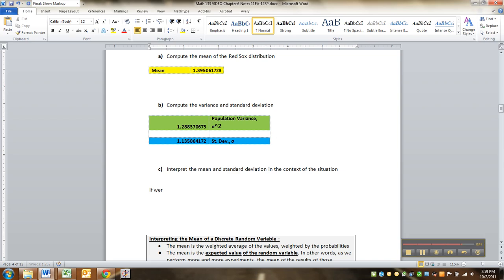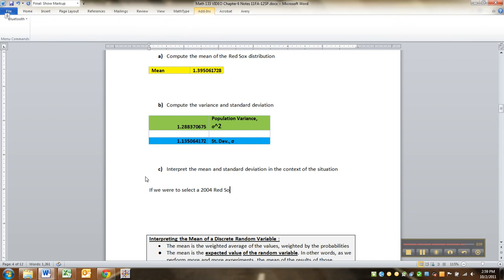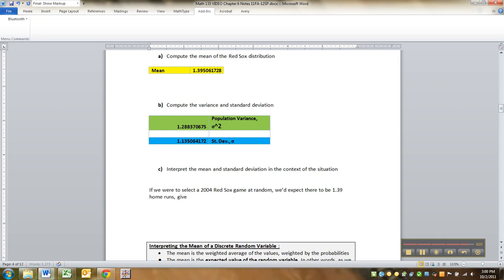If we were to select a 2004 Red Sox game at random, we'd expect there to be 1.39 home runs, give or take 1.135 home runs. You always use the standard deviation for the interpretation, not the variance, because the variance is home runs squared, which doesn't really mean anything in our context.